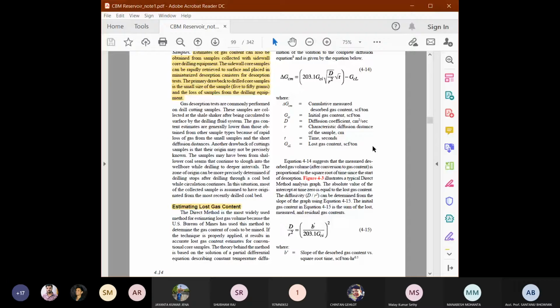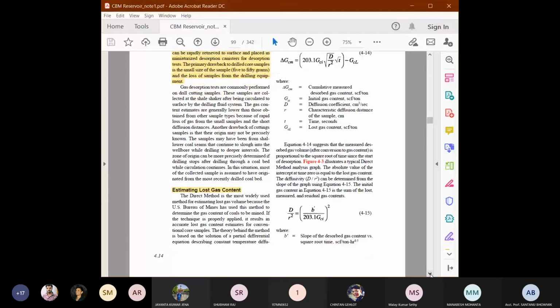Okay, and this diffusivity is related to the rate of adsorption. That means how quickly or how slowly the gases are going to be adsorbed or desorbed from a particular sample corresponding to a particular temperature and pressure combination. So that's why this parameter is going to be very important.